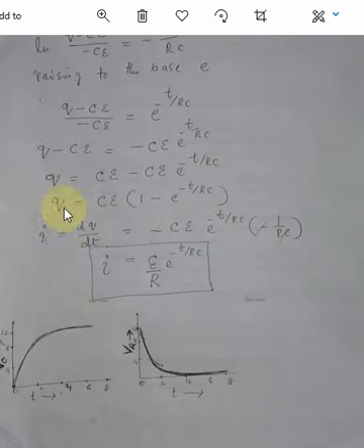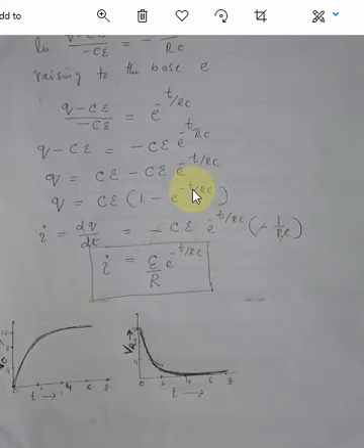To obtain the value of current in the circuit, we will of course differentiate it with respect to time. So differentiating this equation with respect to time, the left hand side will become dq by dt, and if we differentiate this side here, 1 is constant, so this exponential term is multiplied with this CE, so minus CE times the exponential term into the derivative of this term.